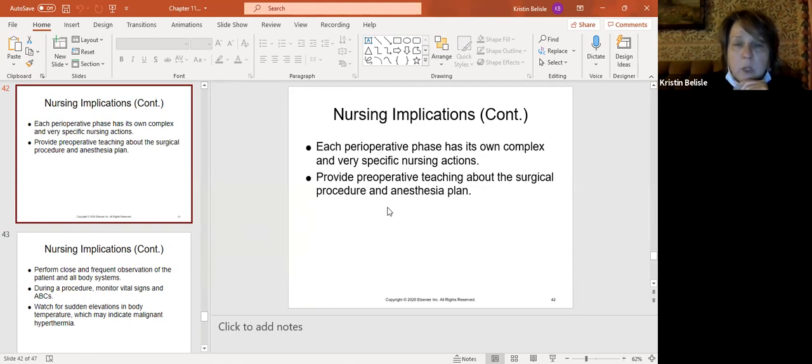Always provide adequate and informative pre-op teaching for surgical patients. You know what's going on and what to really expect. Tell them the truth. If they're post-op, come back, they wake up on the ventilator.